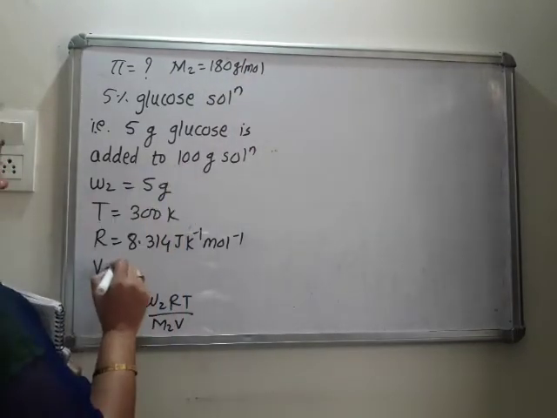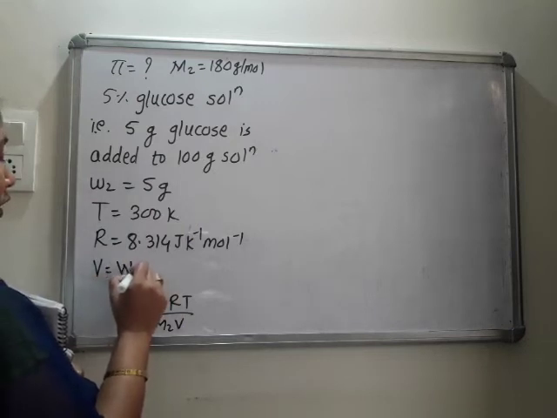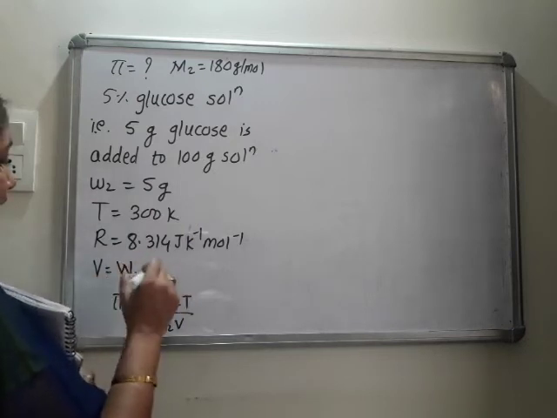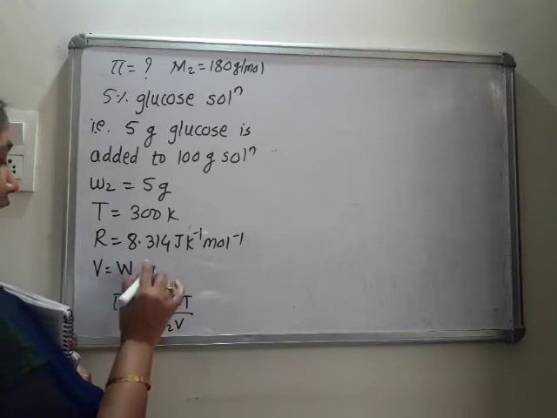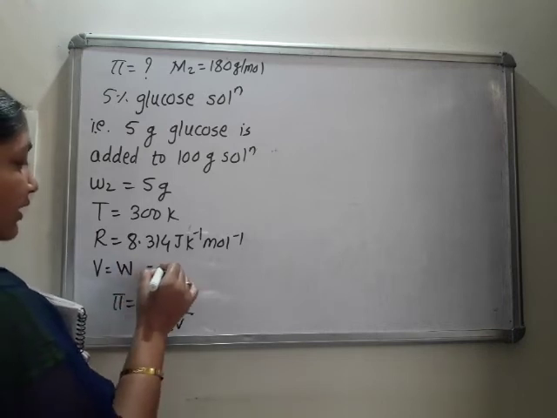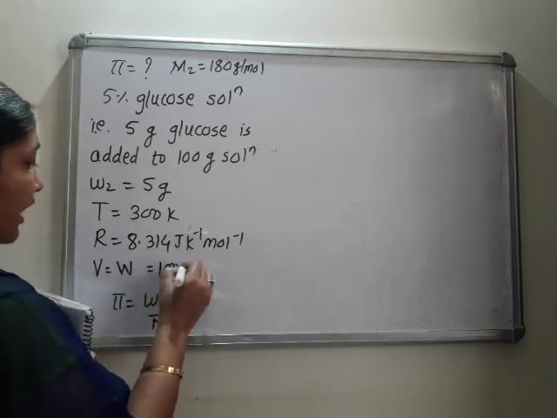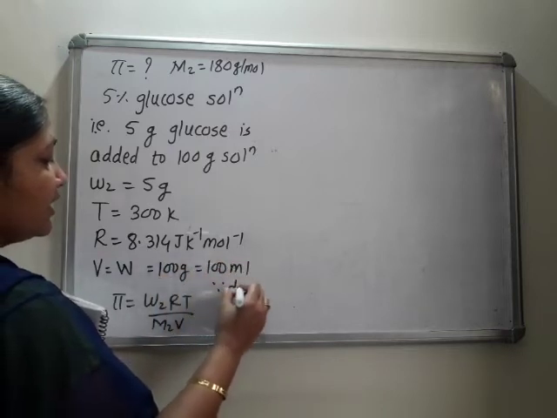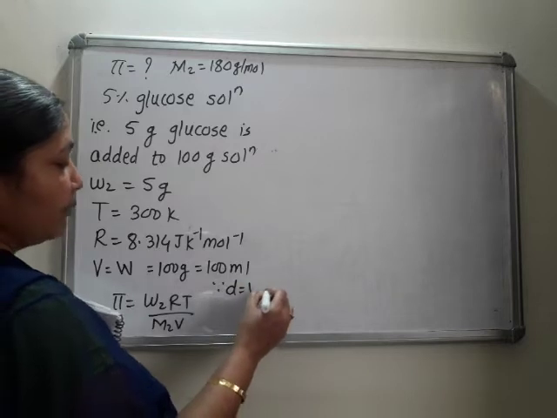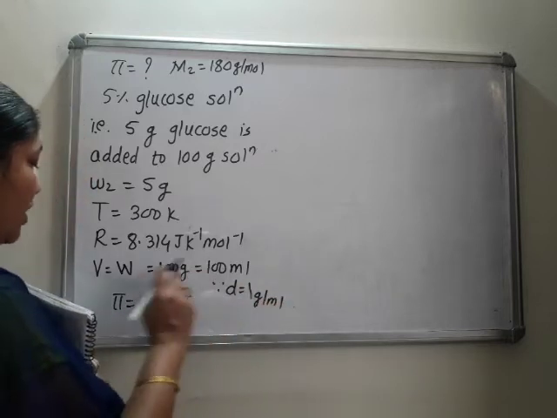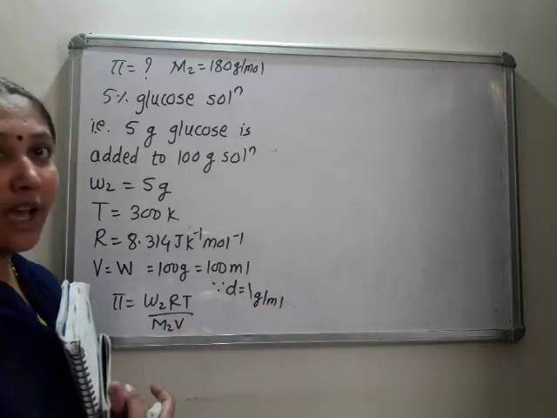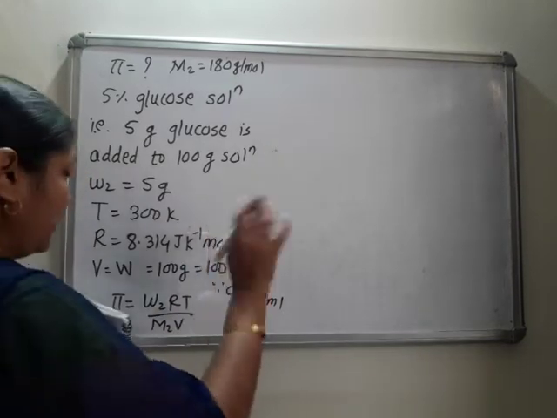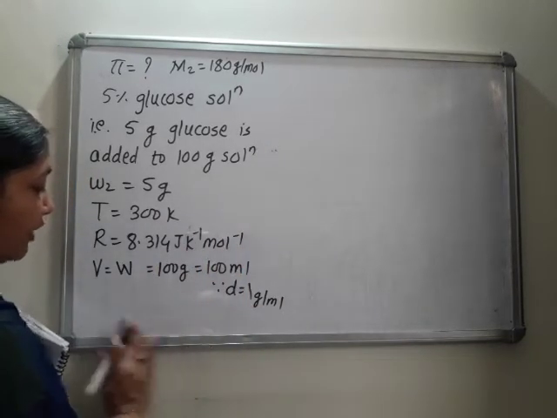So V is equal to weight of solution, and how much is this? 100 gram. So that is equal to 100 ml, since density is 1 gram per ml. So volume of the solution is assumed as 100 ml. See, volume given is 100.